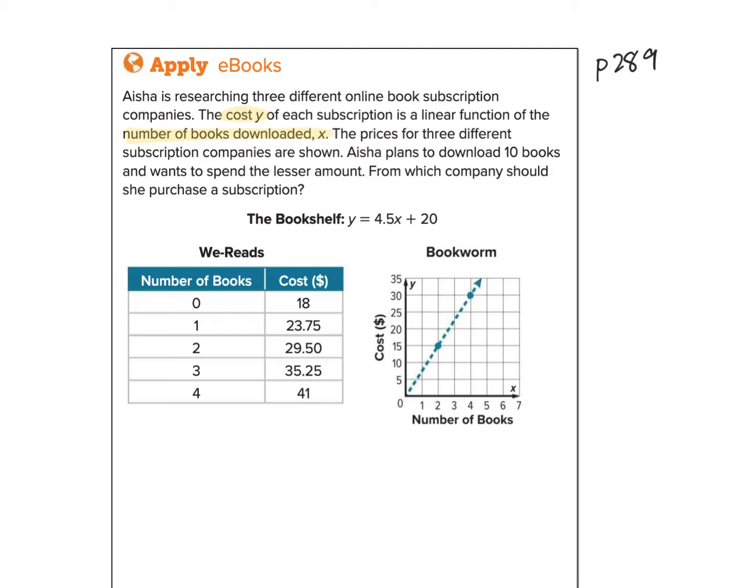It says the prices for 3 different companies are shown. Aisha plans to download 10 books and wants to spend the least amount possible. So she wants to get the cheapest company for downloading 10 books. Which company should she choose, and how do you know?